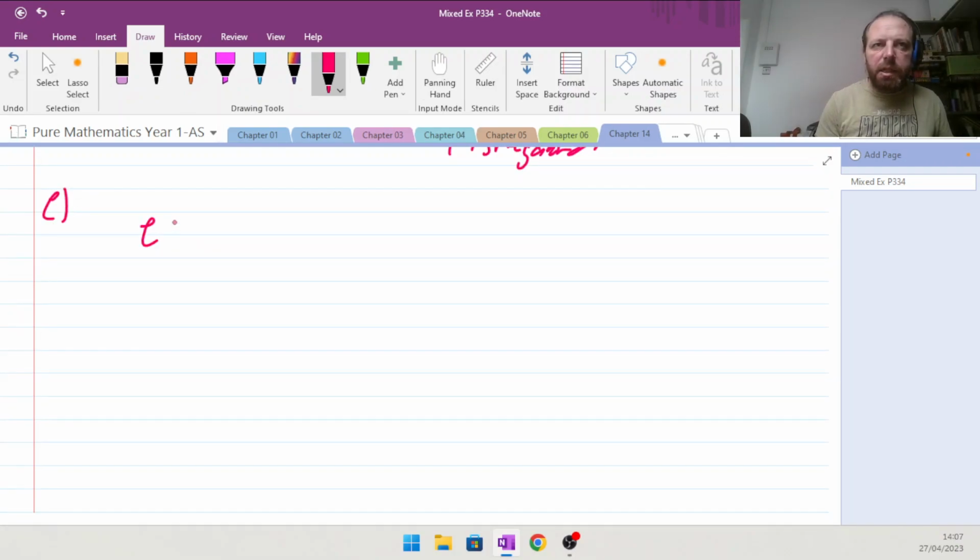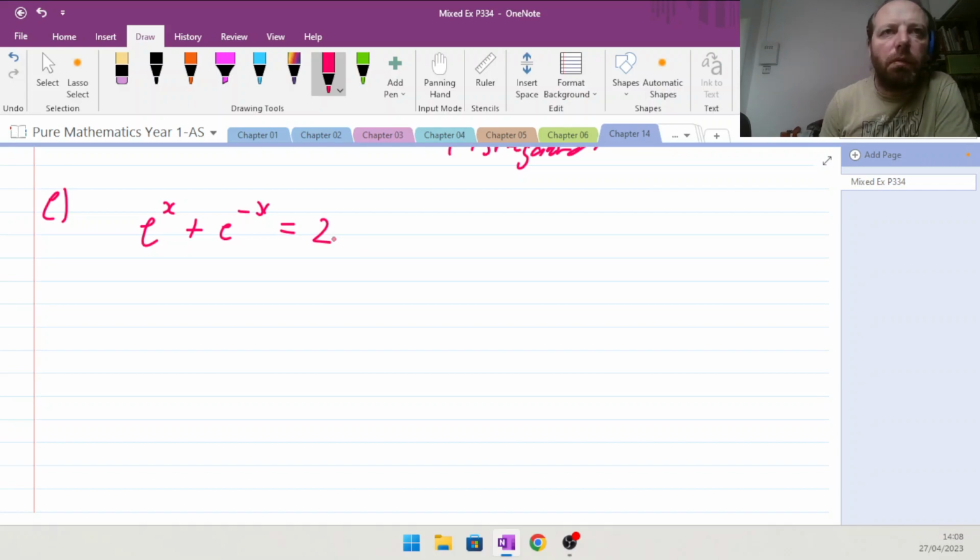e to the x plus e to the minus x equals 2. Let's have a think about that one. So what do we have there?